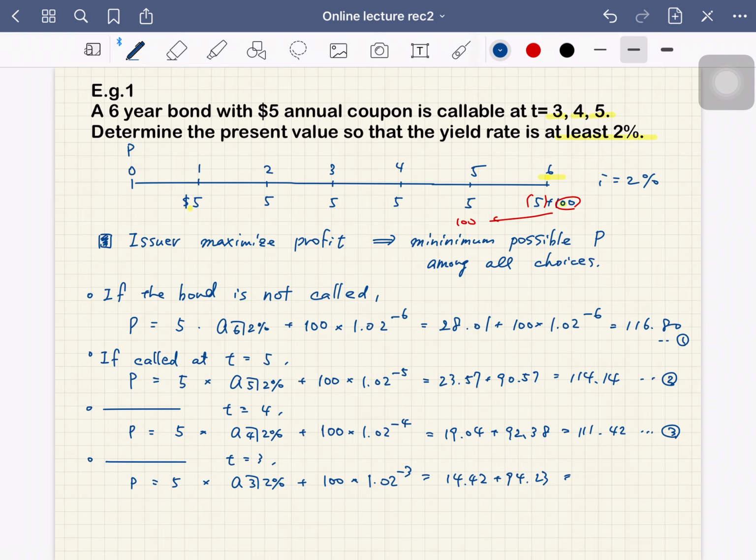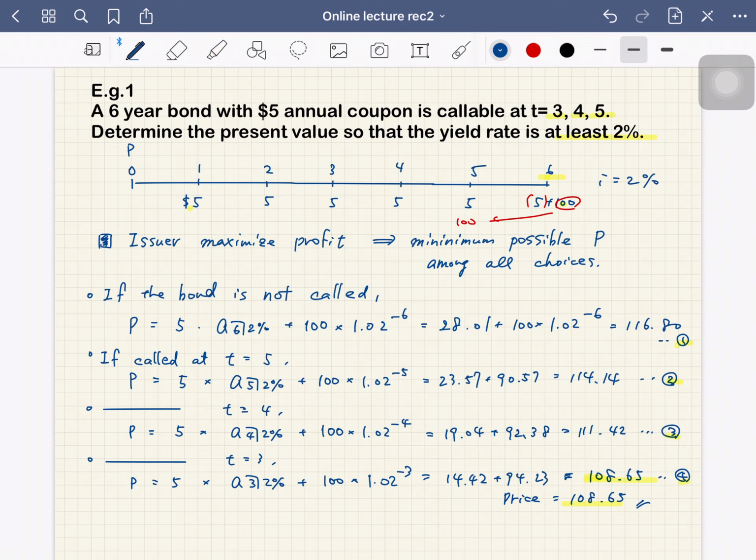So this is equal to 108.65. So 108.65 is lowest among these 1, 2, 3, 4. So the price should be 108.65. Okay. So this is the answer.